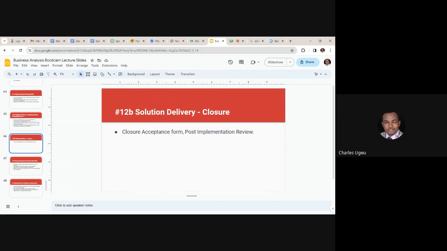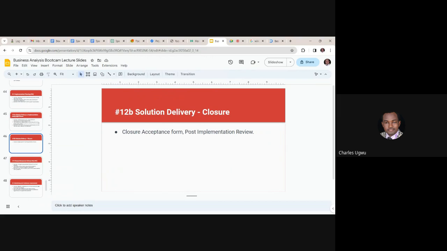If you are working within an organization, the solution or project sponsor needs to equally sign an acceptance form, showing that he's happy with what you and your team have done. And once the form is signed, it means that they have accepted the project, and that is the end of the project. When this is done, the project manager needs to write his own closure report.